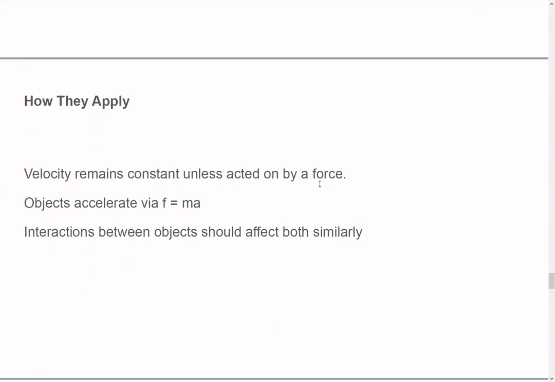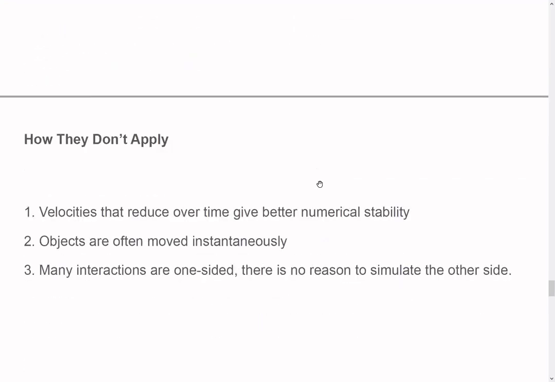If there's no additional force applied on the object, then its velocity has to remain the same. And then the acceleration of an object happens according to F equals ma. The next thing is that interactions between objects should produce an equal and opposite reaction. So these applications are necessary for us.